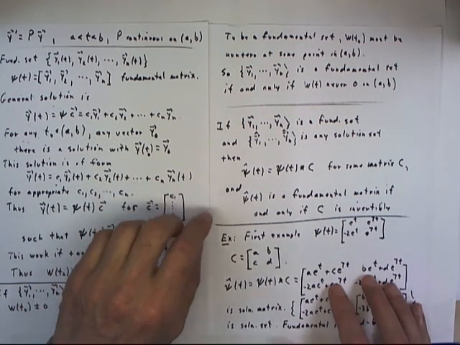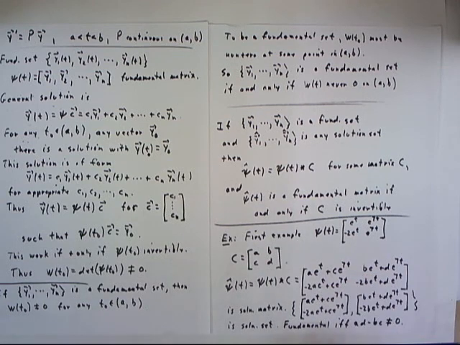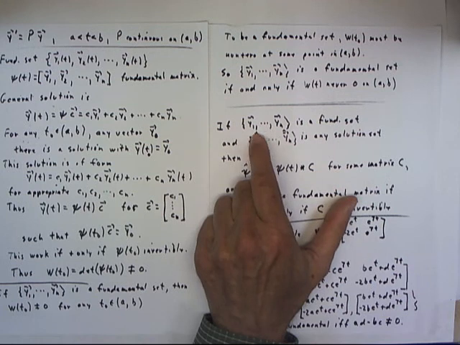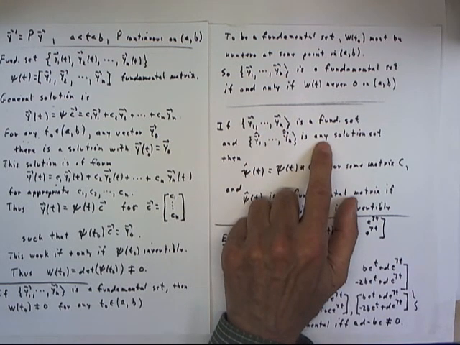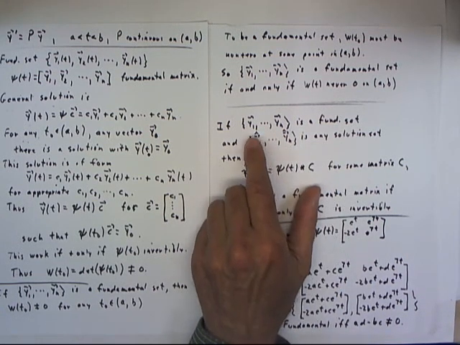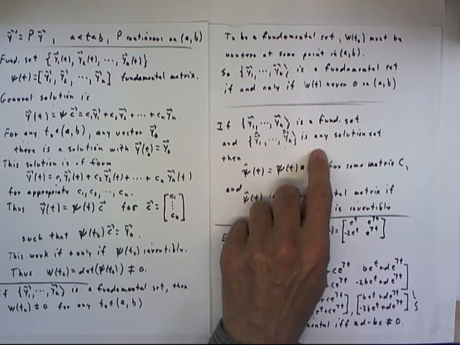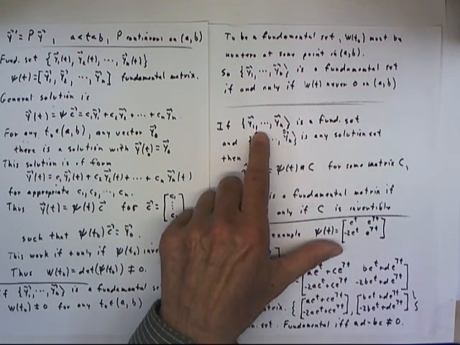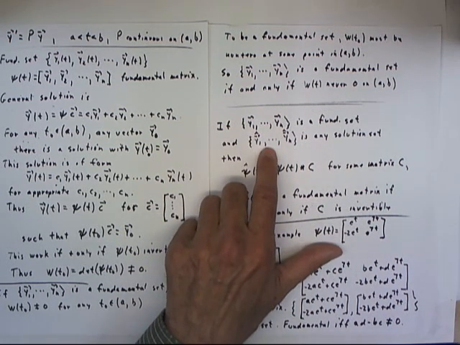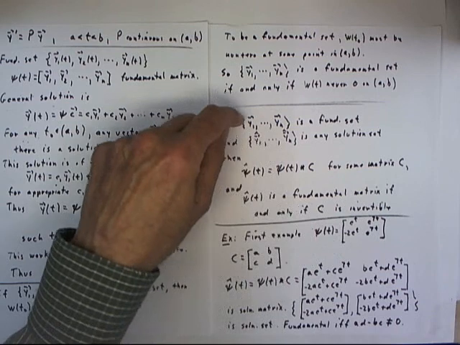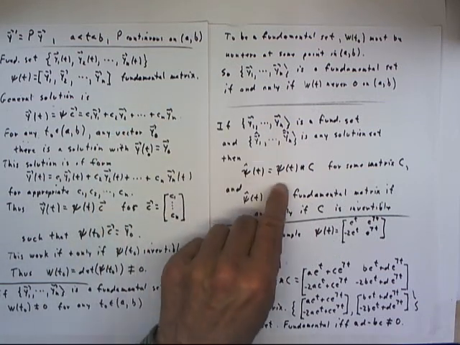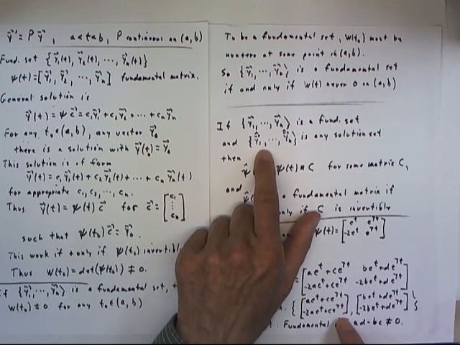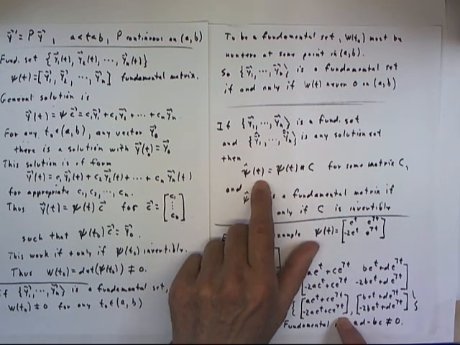These fundamental sets and fundamental matrices have one more important property. If y1 through yn is a fundamental set, and y1 hat through yn hat is any solution set, then there's a psi matrix that goes with this, and a psi matrix that goes with this. We'll call this the psi of t matrix, and we'll call this the psi hat of t matrix, the matrix that goes with this solution set.